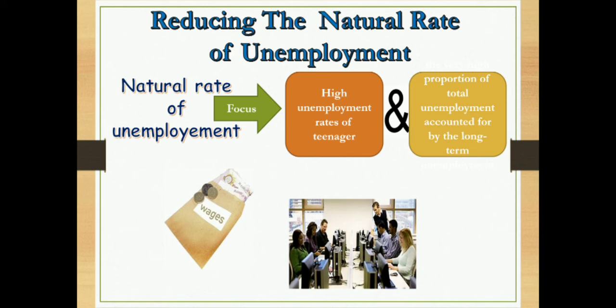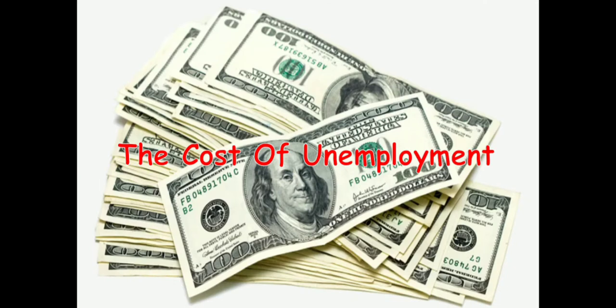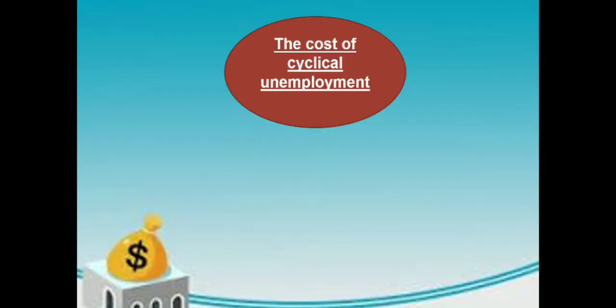Yeah, like that. And the next one is going to be the cost of unemployment. So the cost of unemployment here, there is the cost of cyclical unemployment. The cost of cyclical unemployment itself is divided into two.